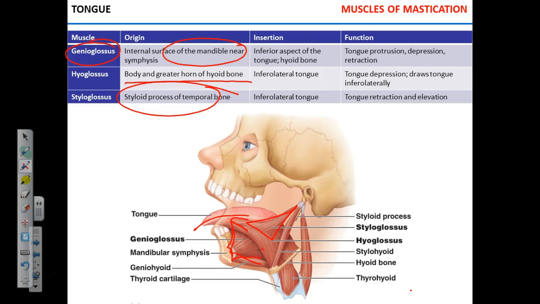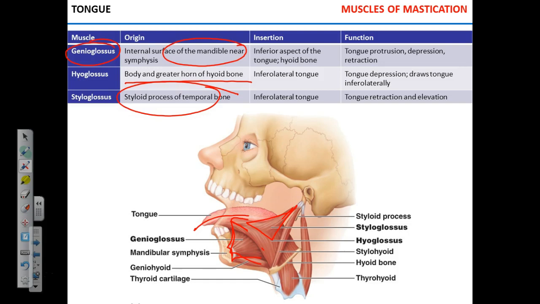It's muscle number 21. It's on the left side, yes. Styloglossus will be responsible mostly for the retraction, pulling the tongue back, and elevating the tongue up.